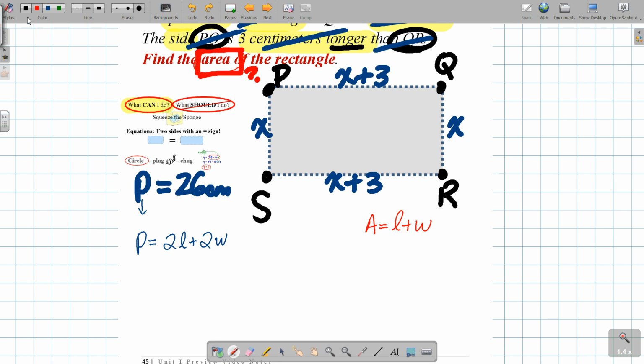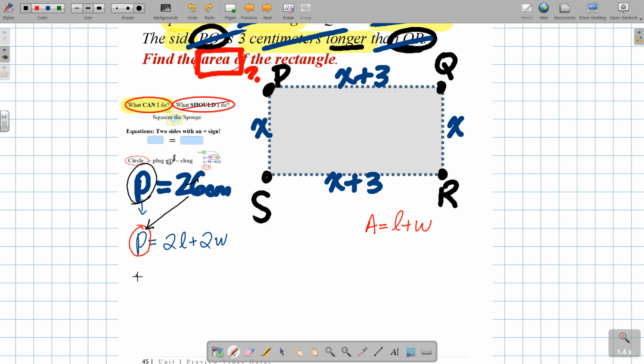Plus, circle W. What do I have going for W? Come up here, physically circle the X, plug it in. Fabulous. Now we're down to one variable.